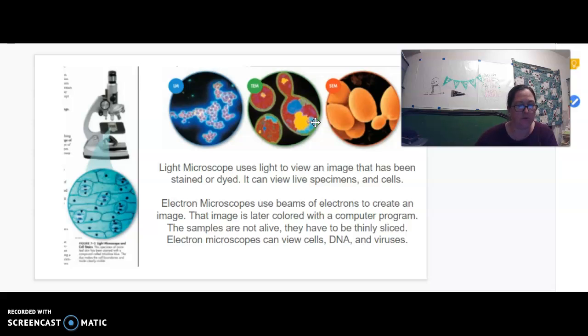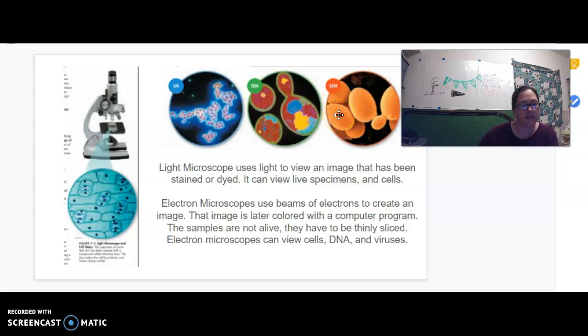We use a computer program to add the color later. So I like to call this, like some fancy computer editing program place. Maybe you've heard of them, Pixar. I like to compare this to the Pixar type of microscope, where you go back later and you add the color in the computer image.